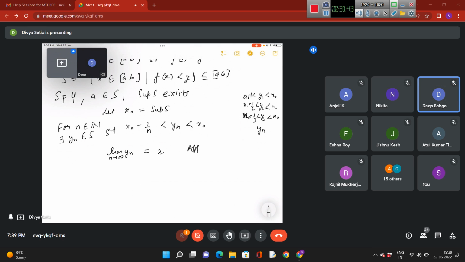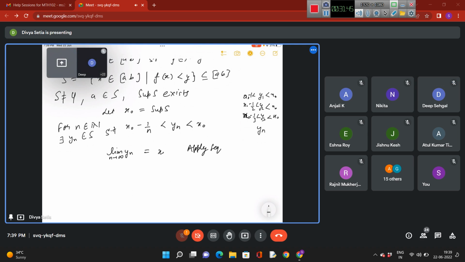Yes, apply the squeeze theorem. This converges to x naught, and this converges to x naught, so yn should converge to x naught. So now you have a convergent sequence which converges to your point x naught, which is a supremum.